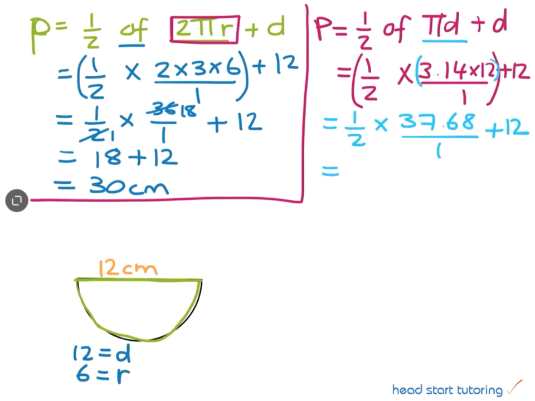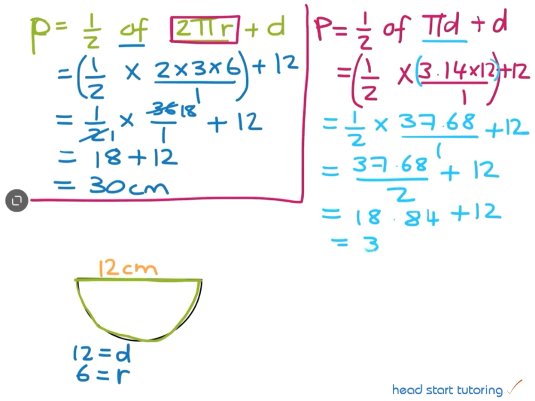Then we end up with 37.68 over 2 plus 12, and 37.68 divided by 2 is equal to 18.84. Then we plus our 12, and we end up with an answer of 30.84 centimeters.